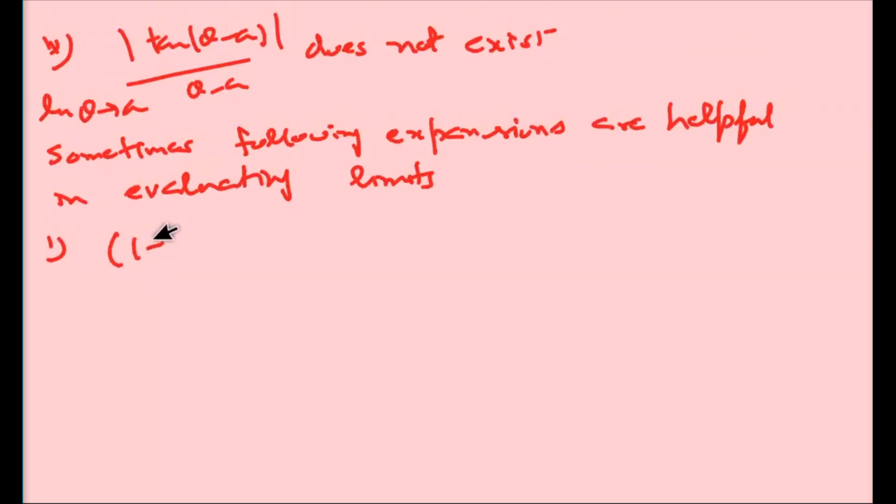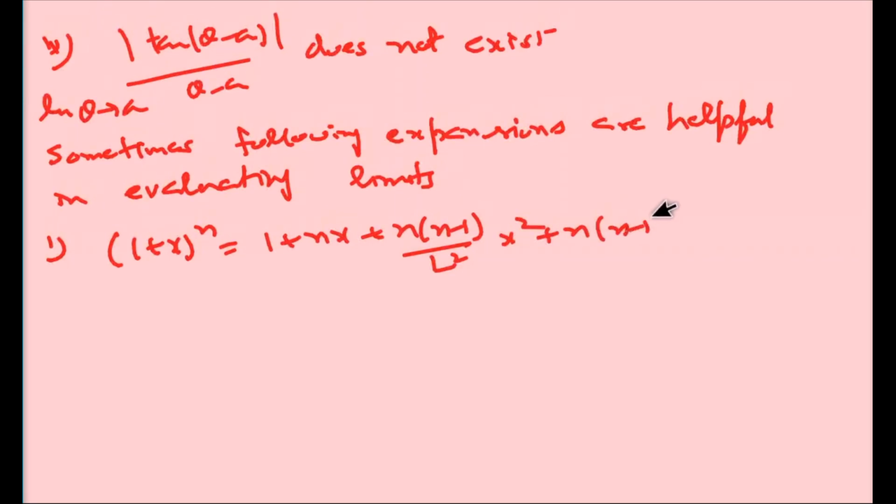One is the binomial theorem. If you want to learn in detail, you go to the chapter binomial theorem. You should know this theorem in detail so that you can easily use it anywhere.